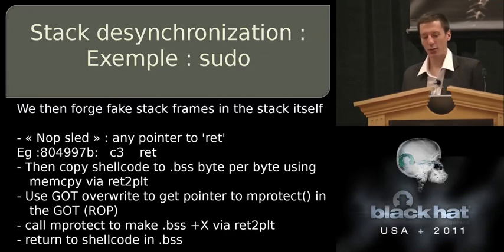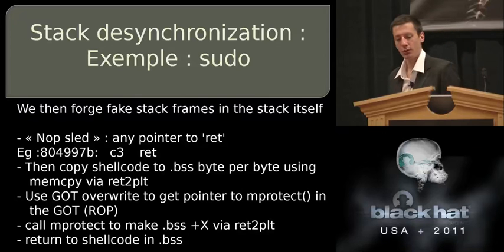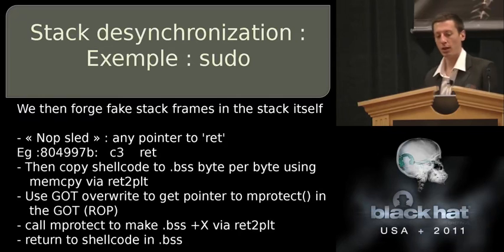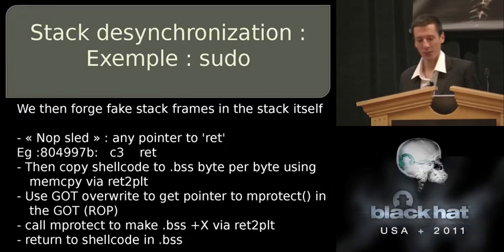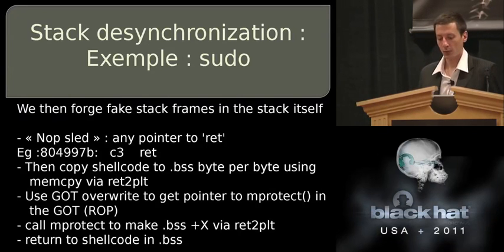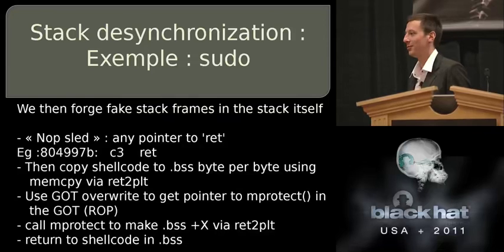So this is a way to introduce mprotect inside the GOT. Afterwards, we go back to ret to PLT, and when I say call mprotect, we actually call the slot of printf. This allows us to change the memory permissions on the BSS, and then we just return to our shellcode.